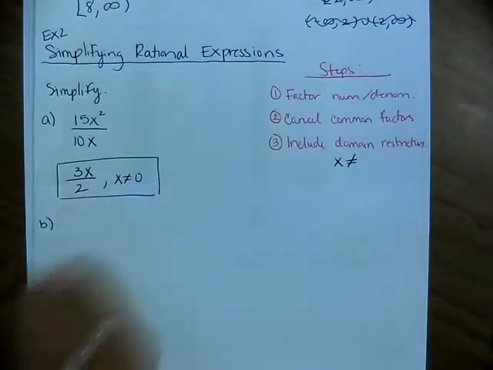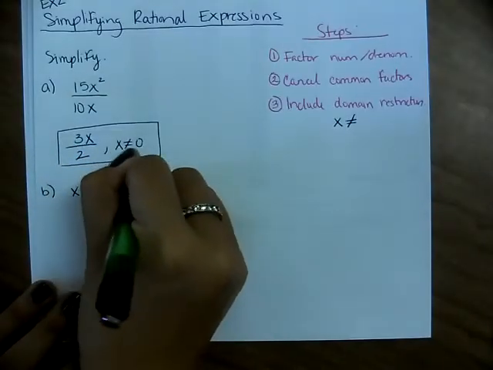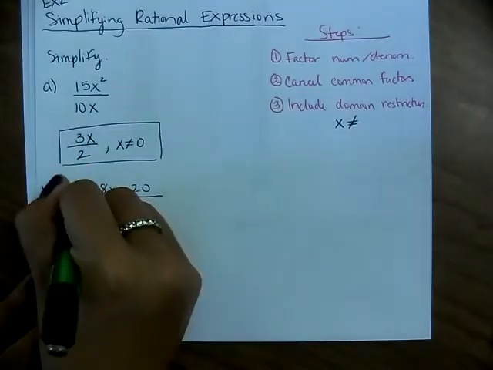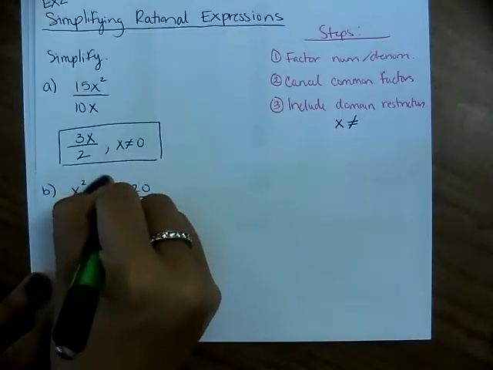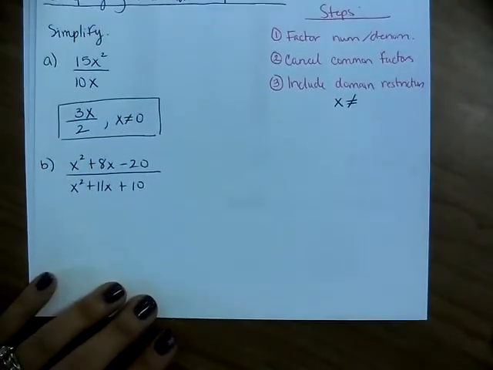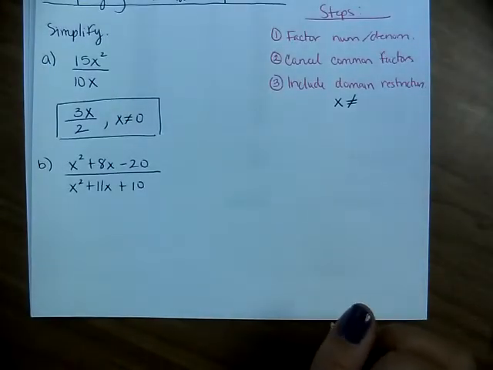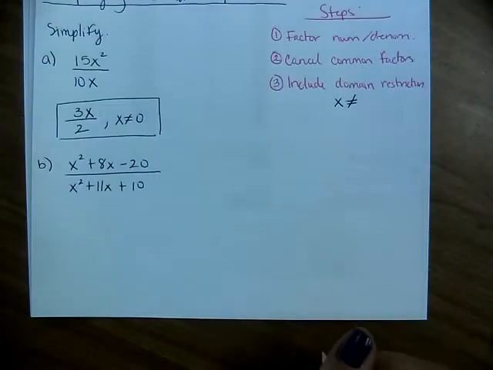All right, let's try another one like that. x squared plus 8x minus 20 over x squared plus 11x plus 10. Okay, so step 1 says we have to factor the numerator and the denominator.